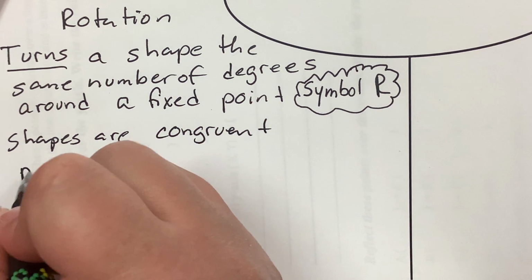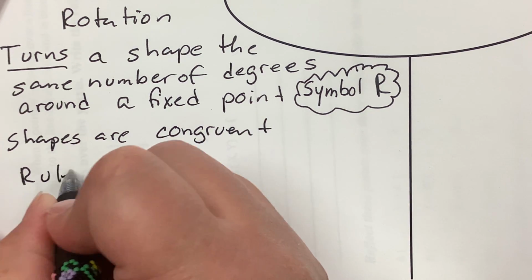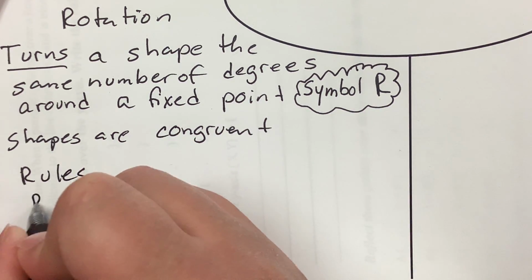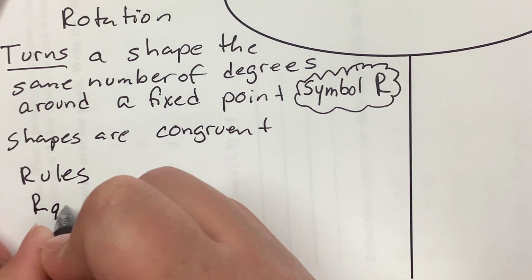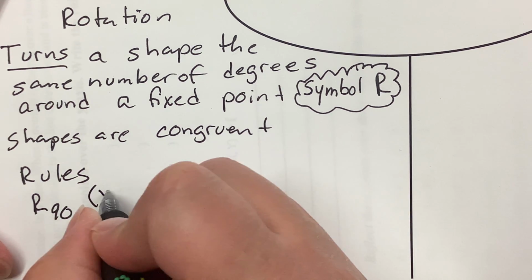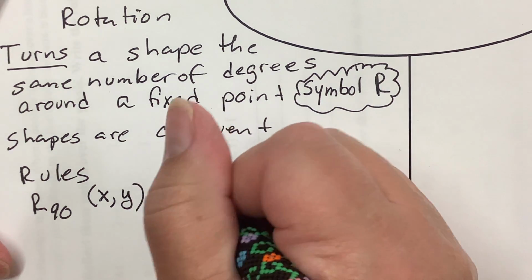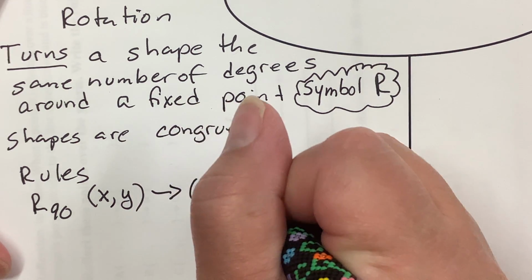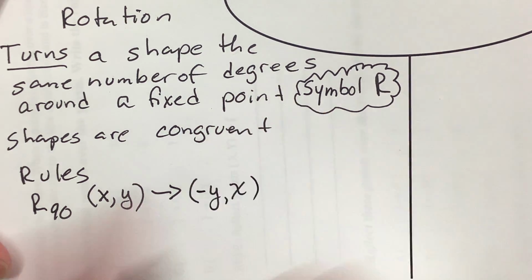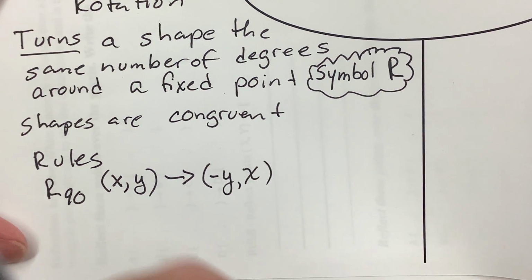And the rules, remember the rules? They were kind of crazy. We're only going to do two of them. For 90 degrees, if you had x and y, it became negative y, x. Remember, they reversed and the y became negative.